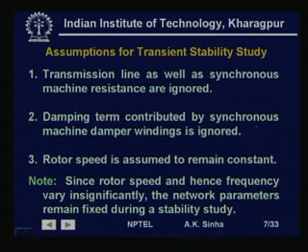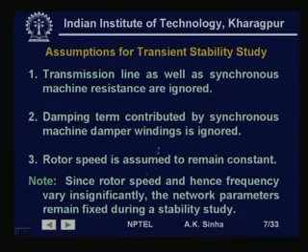Damping term contributed by the synchronous machine damper winding is ignored. Same thing as the previous one, this damping term is generally much smaller, and if we ignore this, it leads to a pessimistic or conservative result, where we are going to get sustained oscillation instead of damped out oscillations.